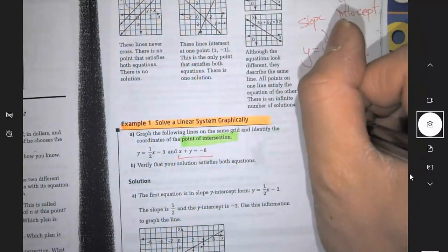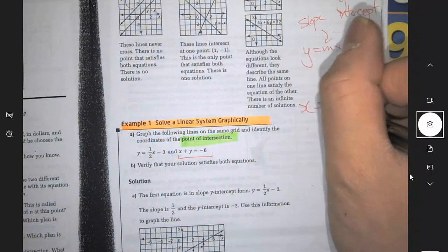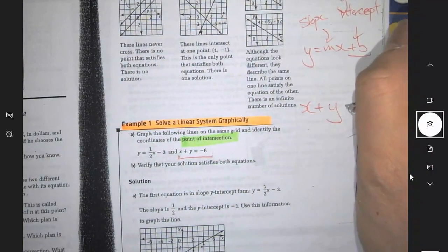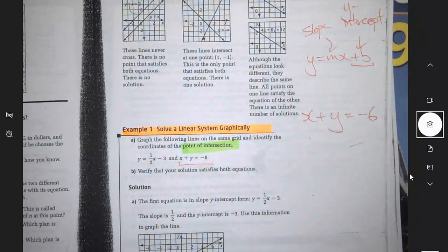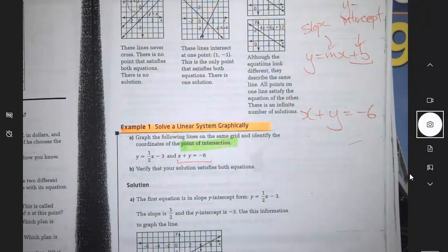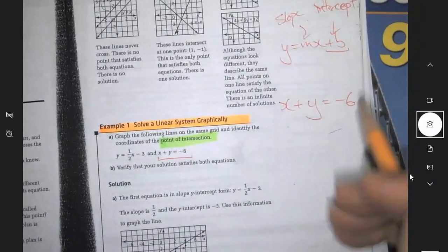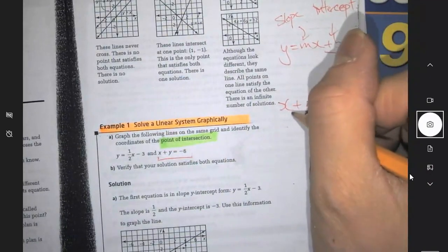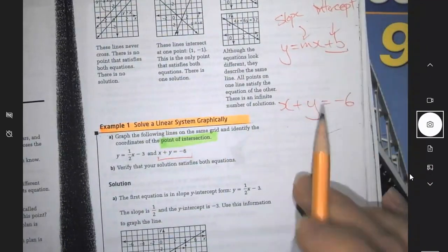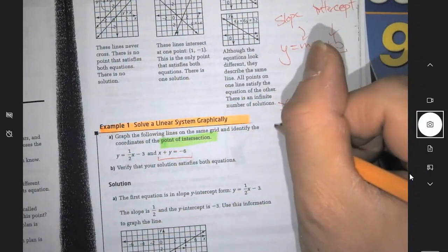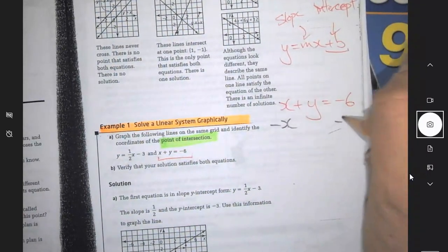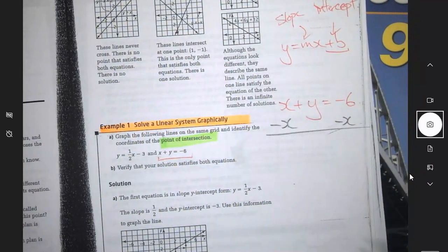So I'm just going to copy it on the side here to make it bigger. So to rearrange it so that it's in y equals mx plus b form, I want to move this x from the left-hand side to the right-hand side, so I will just minus x on both sides of the equal sign.